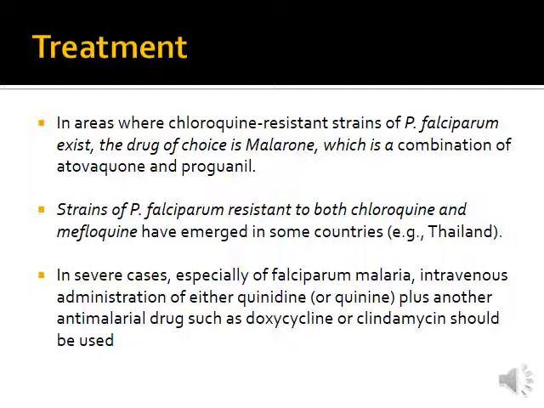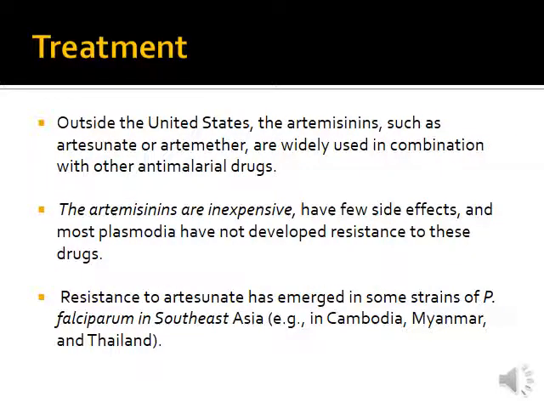In severe cases, especially of falciparum malaria, intravenous administration of either quinidine or quinine plus another antimalarial drug such as doxycycline or clindamycin may be used. Outside the United States, the artemisinins, such as artesunate or artemether, are widely used in combination with other antimalarial drugs.